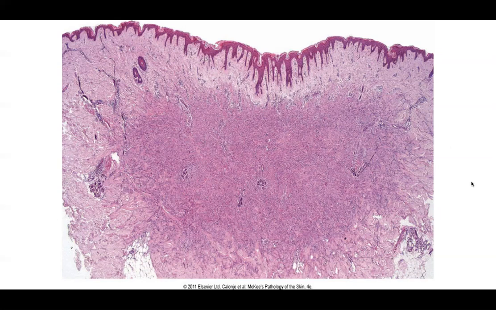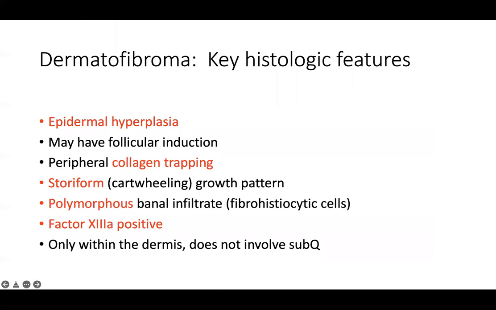Now, this is obviously not a small punch biopsy or even a shave biopsy. This is more of an excision. It really captures the dermatofibroma holistically. We mentioned the peripheral collagen trapping. It's important to note that storyform or cartwheeling growth patterns can be seen in dermatofibroma.